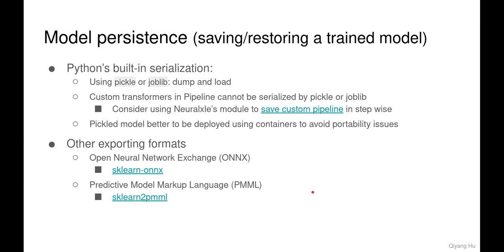It aims to facilitate the conversion of data models between different machine learning frameworks and to improve their portability on different computing architectures. There are some projects going on, for example sklearn-onnx, that you can use to export to the ONNX format.